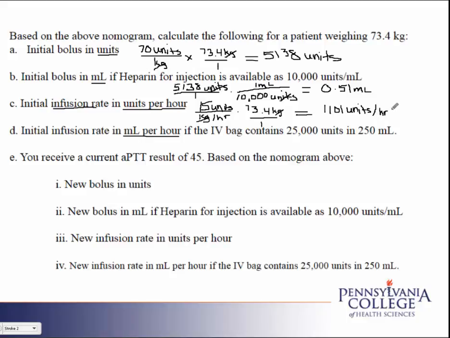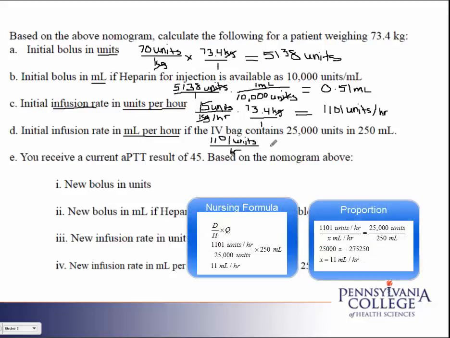For this problem, I'm going to start with my answer from Part C. So I have 1,101 units per hour. I want the units to cancel, so I'll use the IV bag that has 25,000 units in the denominator, and that amount is in 250 milliliters, so that will go in the top of my fraction.